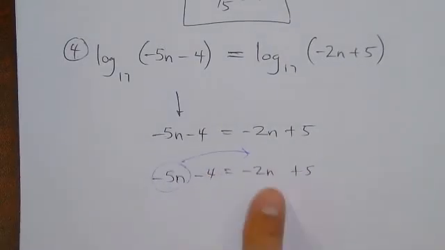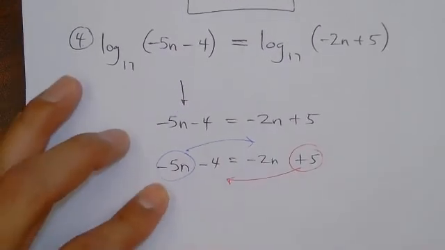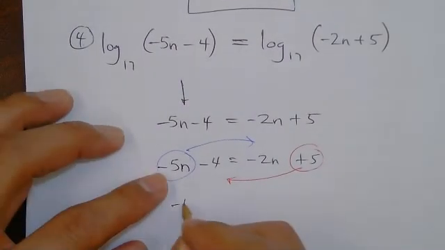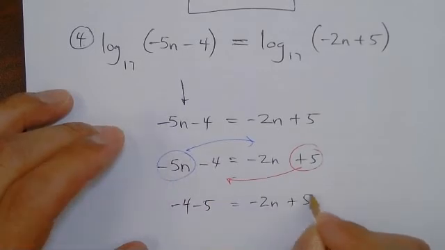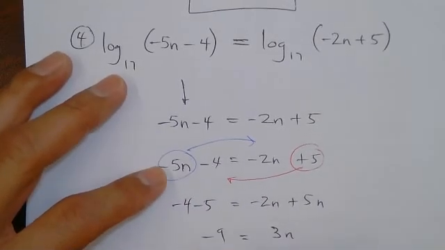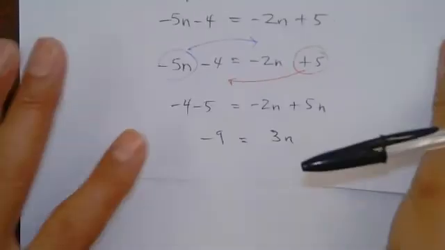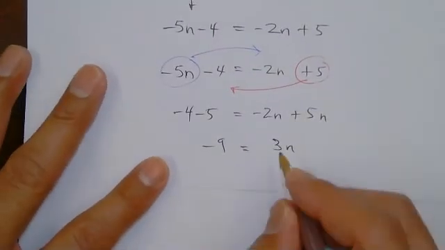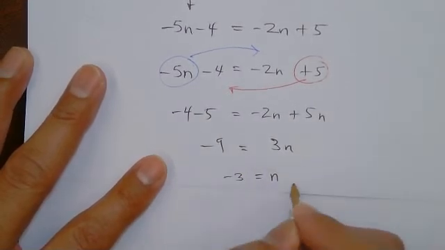I'm going to move this over there, so all the variables will be on this side, which means the numbers will be on this side. And when I look at what I'm left with now, it's -4 minus 5 is equal to -2n plus 5n. So I'm going to get 3n is equal to -9. Yeah, -3 is correct. Whichever way you solved it, if you do the right steps, you'll get the right answer. We're good?